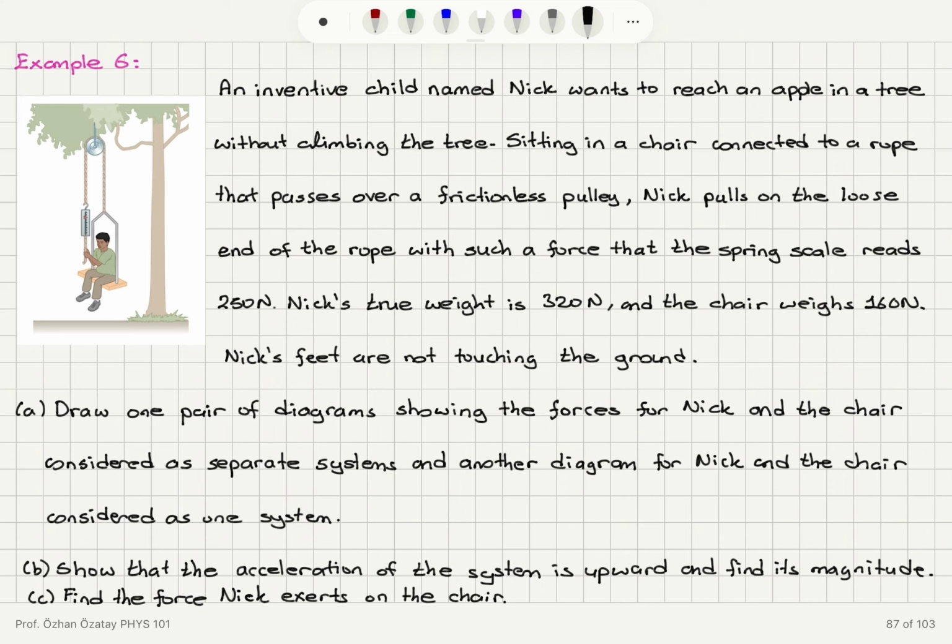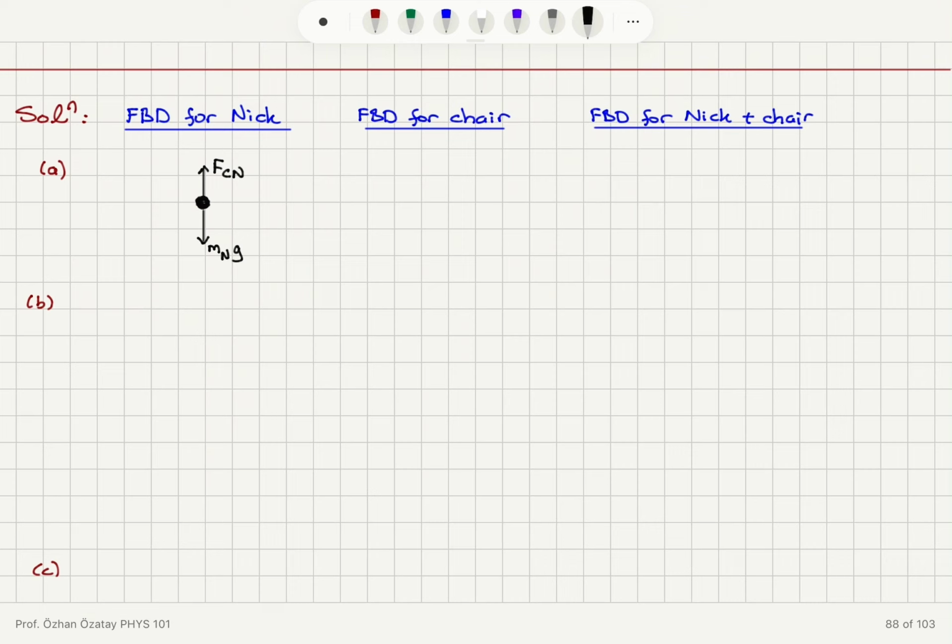And because Nick is holding the loose end of the string here, there will be the tension Nick will feel. So there is the tension T that is on the string, which is basically read by the spring scale. Now we can talk about the chair as a single particle. Here's our chair.